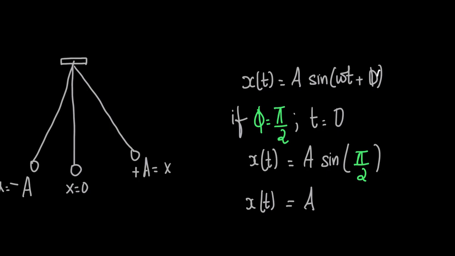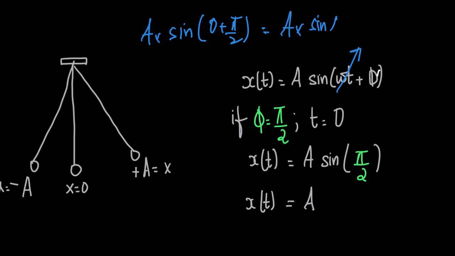x of t is equal to a sine omega t plus phi. Phi is pi by 2. Time is 0. So this transforms to a times sine of 0 plus pi by 2, which is equal to a times sine pi by 2. And what is sine pi by 2? It is 1. So that is equal to a.